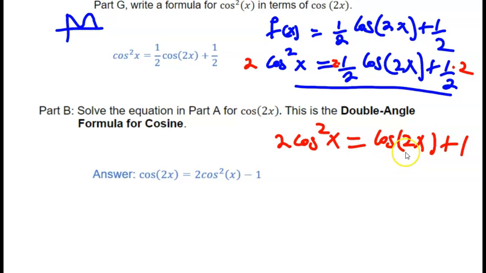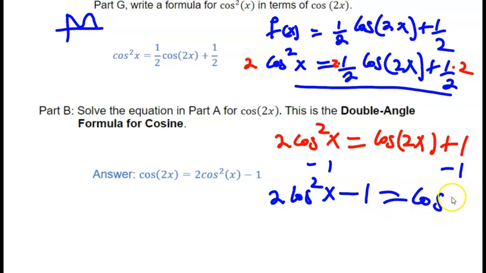Remember, we are looking for cos 2x, so we can subtract 1 from both sides. So we have 2 cos squared x minus 1 is equal to cos 2x. And that is the answer that we have here.